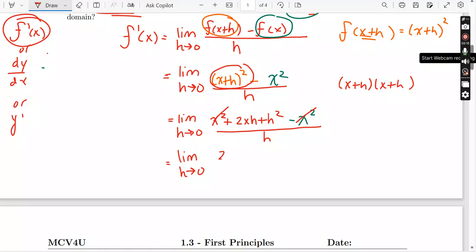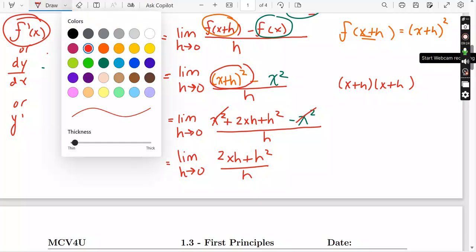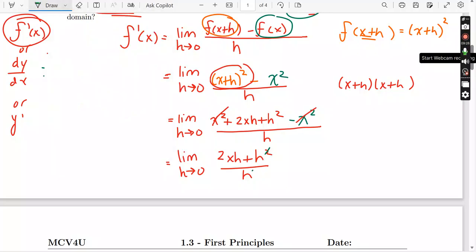Then I have 2xh plus h squared over h. Now I'm going to cancel out all these h's. There's an h there, h there, h there. Which now gives me the limit as h approaches 0 of 2x plus h, and then there's no h underneath.